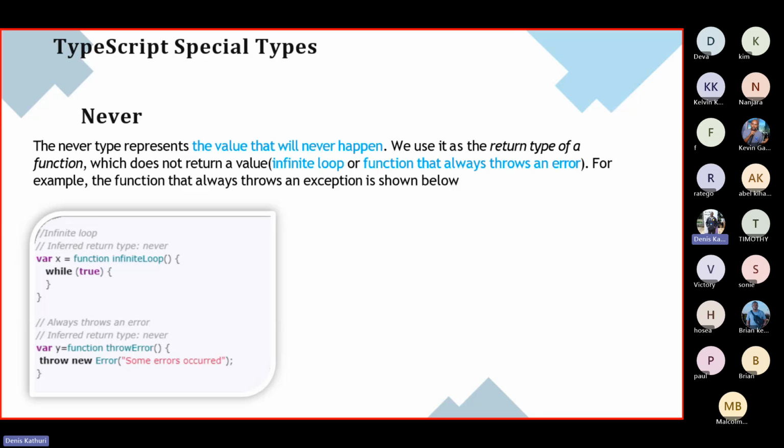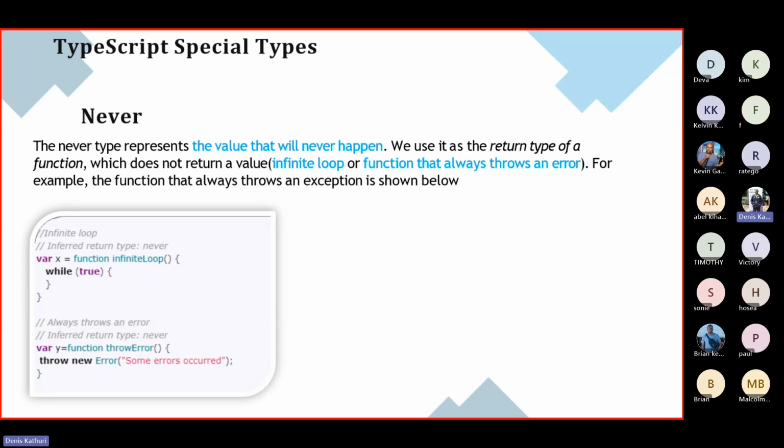We have some code examples in the presentation, where you have a function with an infinite loop; you type it with never, or if you do not type it, TypeScript will infer that function with a never type.